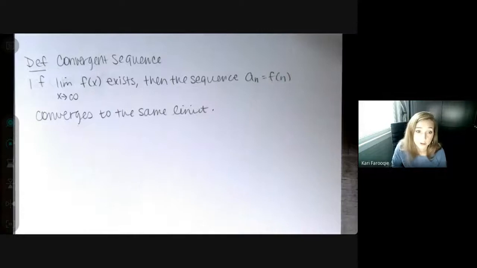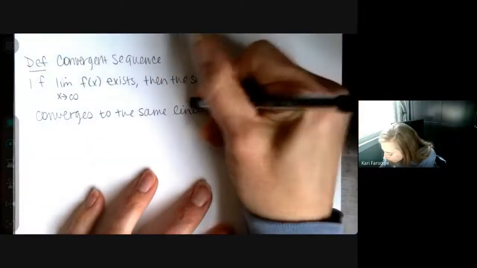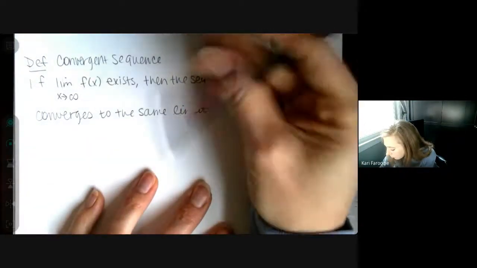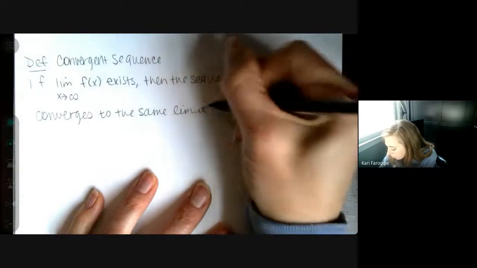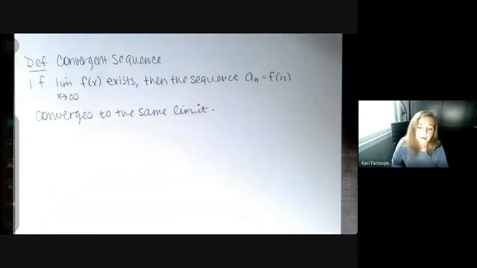So this is actually really good news for you because a lot of your homework here is just going to be a lot of the limits that you worked on more recently in the last chapter. Technically, it was with L'Hopital's rule, which you may or may not need for some of these problems, but you're basically just going to be looking at limits to determine whether or not the sequence is convergent. So if the limit of f of x as x approaches infinity exists, then your sequence is going to have that same limit.